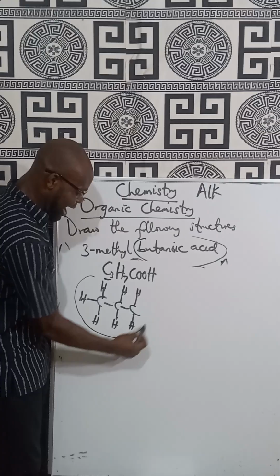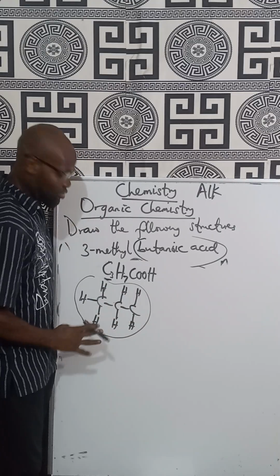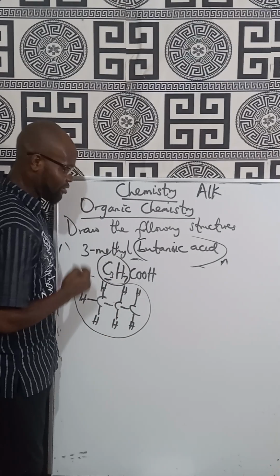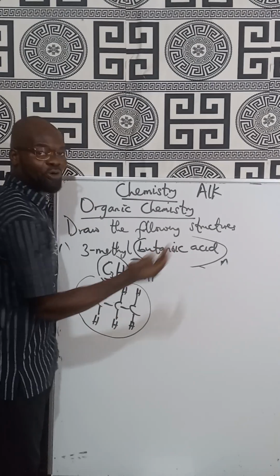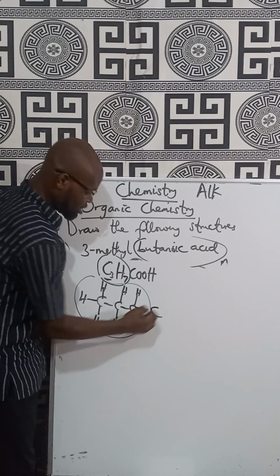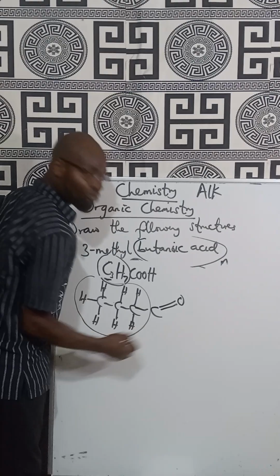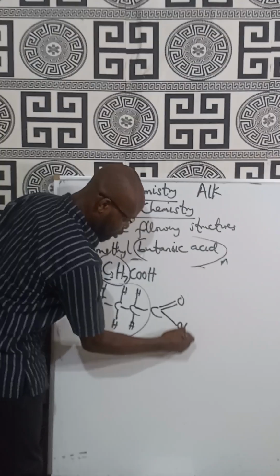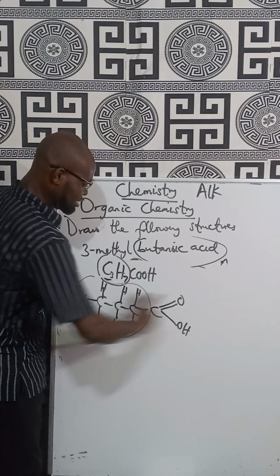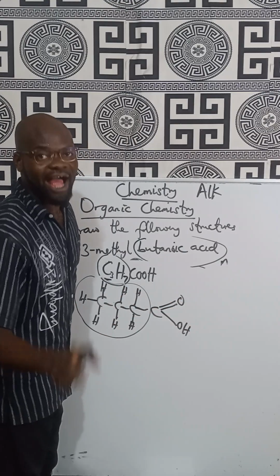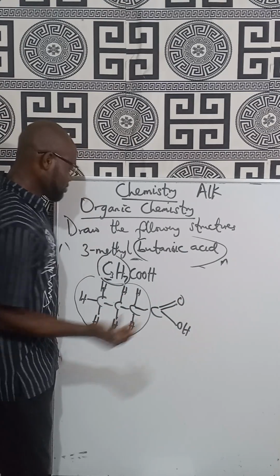This is where the R comes from. I said it's RCOOH, so just put your COOH. So we have C double bonded to O, and a single bond to OH. So this is the structure of butanoic acid. You can see now.